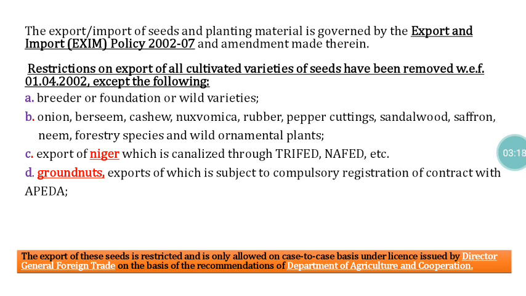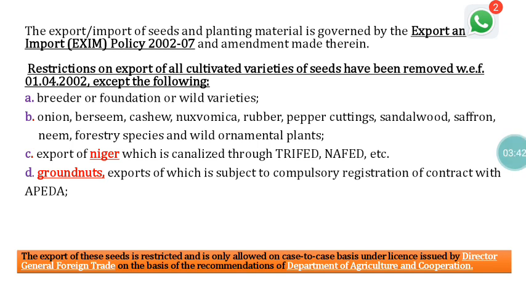Previously, before the introduction of the EXIM policy, a lot of restrictions were there with reference to export of cultivated varieties. From 1/4/2002 some relaxation was given with reference to export of cultivated varieties to other countries.